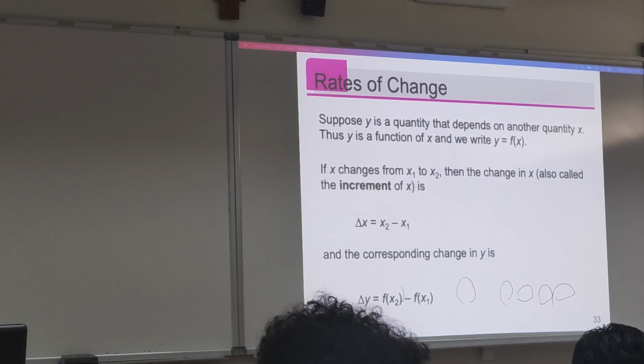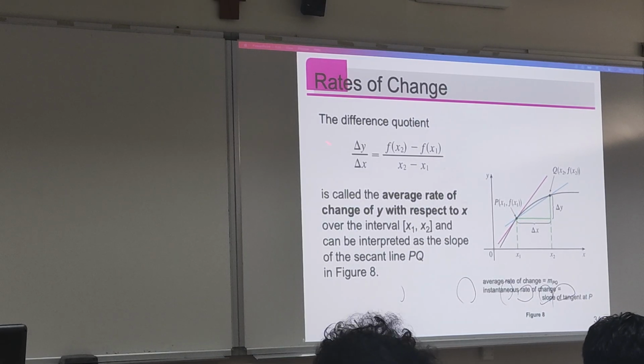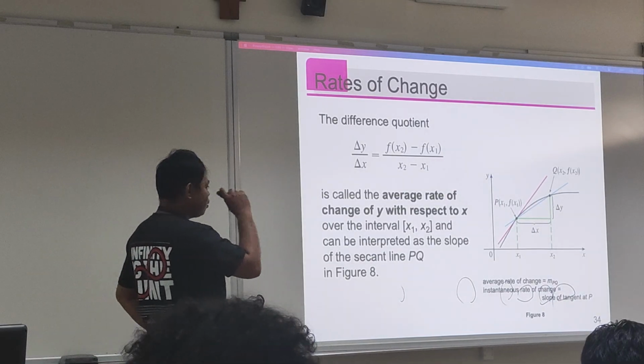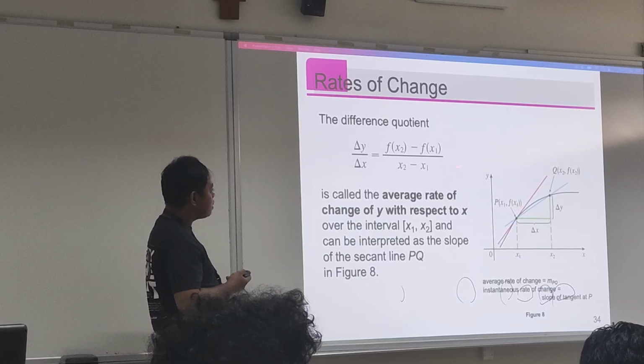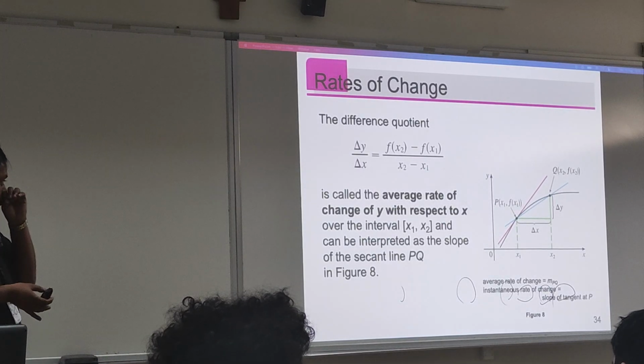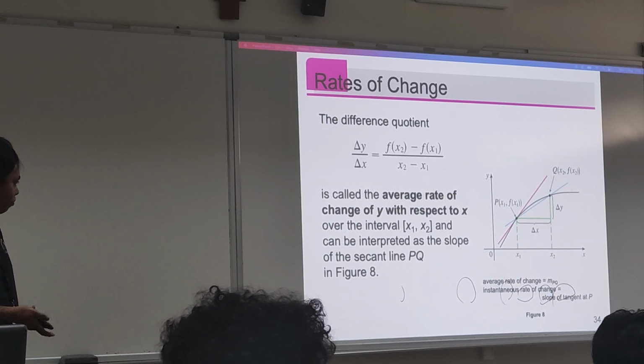So with this, we have now the difference quotient. Applying the slope, this is just the increment of y divided by the increment of x. And this is equal to f of x sub 2 minus f of x sub 1 divided by x sub 2 minus x sub 1. So this is the average rate of change of y with respect to x.